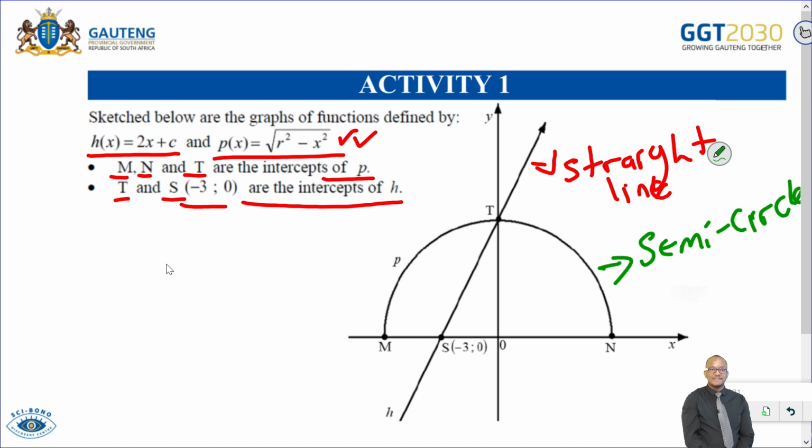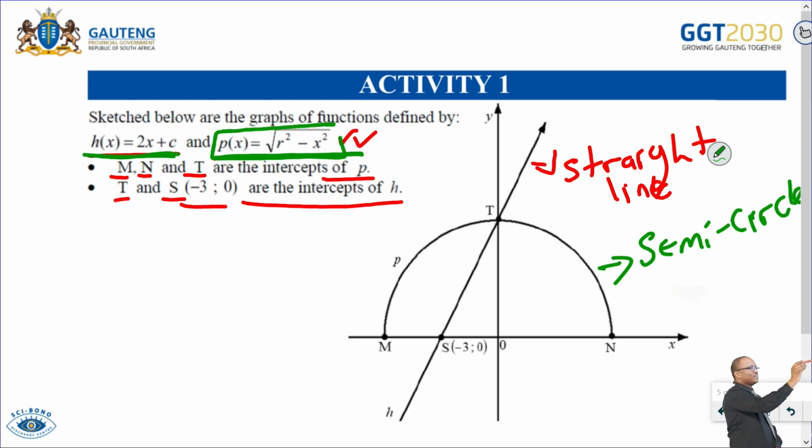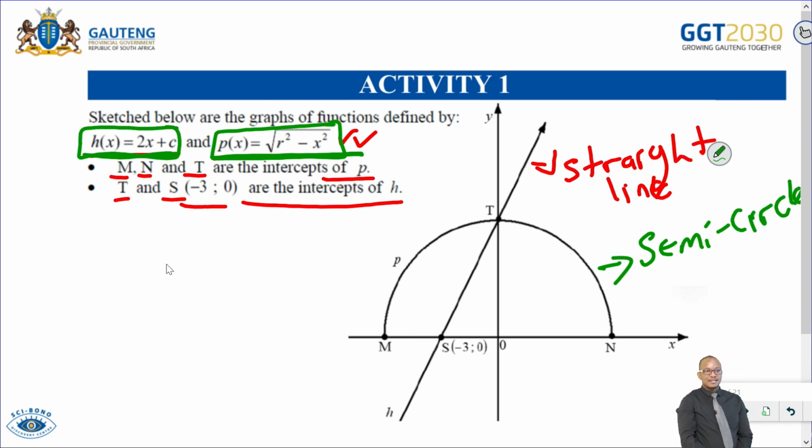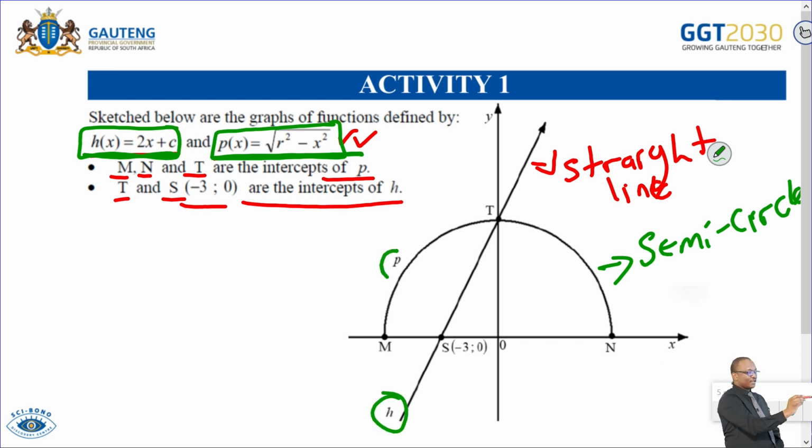One we have identified as a straight line, and the other one is a semicircle. It's also important that on your statement you identify which one is a straight line and which one is your semicircle. So obviously we know that the graph of P is your semicircle and the graph of H is your straight line. And it even indicated that H is a straight line and P is a semicircle.